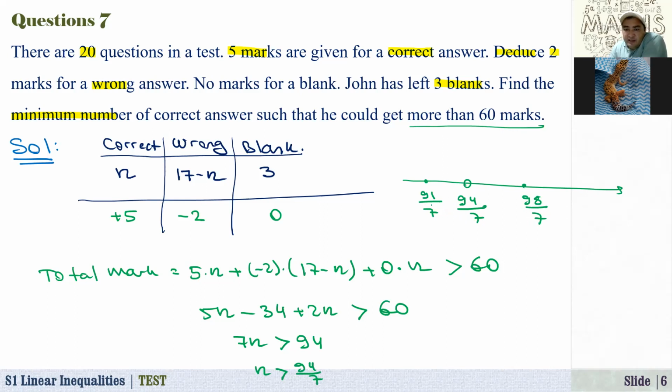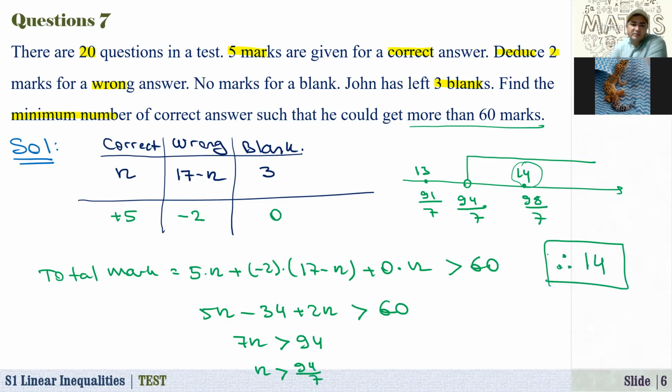So what is 91 over 7? That is 13. 98 over 7, that is 14. Since the number of questions is a whole number, the smallest number that is greater than 94 over 7 is 14.